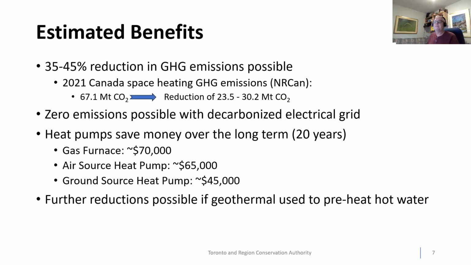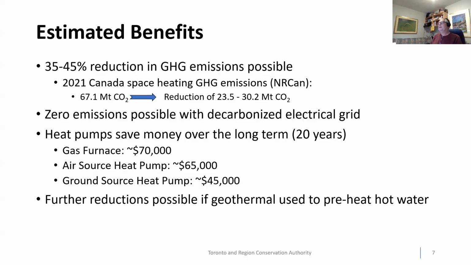Some of the benefits, again, 35–40% reduction in greenhouse gas emissions because of the efficiencies of these systems. And if you're wondering why they're so efficient, it's because they're essentially moving the thermal energy. They're not creating it as you would in a furnace or creating coolness through an air conditioner.